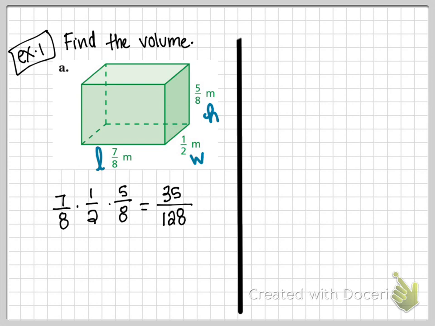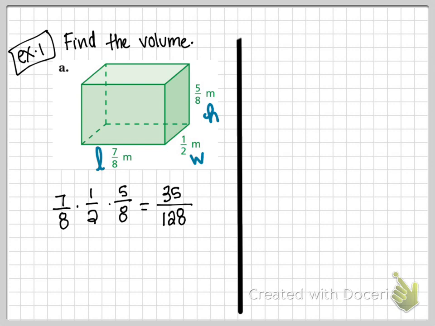128. Now, the last part of this will be making sure that you simplify if you can. Use your divisibility rules to help you figure out if and when you need to simplify. Okay, if they end in even numbers, they're divisible by 2. So are these divisible by 2? No. If the sum of the digits is divisible by 3, they're divisible by 3.